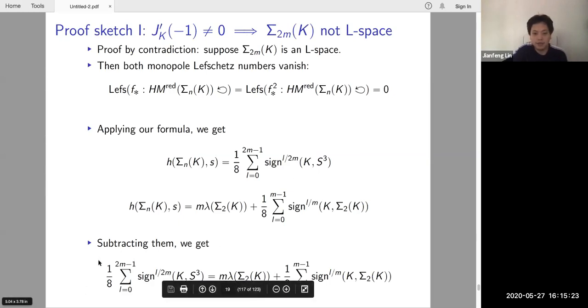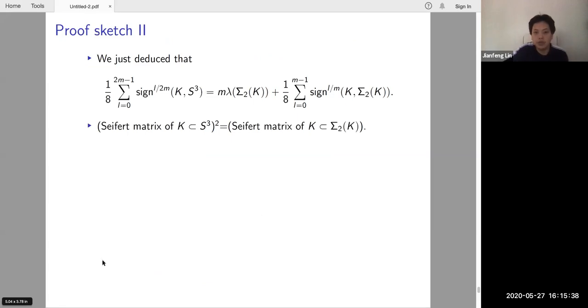Therefore, we get this interesting relation between the signature of the knot inside S^3, the Casson invariant of the branched double cover, and the signature of the knot in the branched double cover. So this is the relation we just deduced. The next observation is that the Seifert matrix of K in S^3, if you take the square of it, you just get the Seifert matrix of K inside the branched double cover.